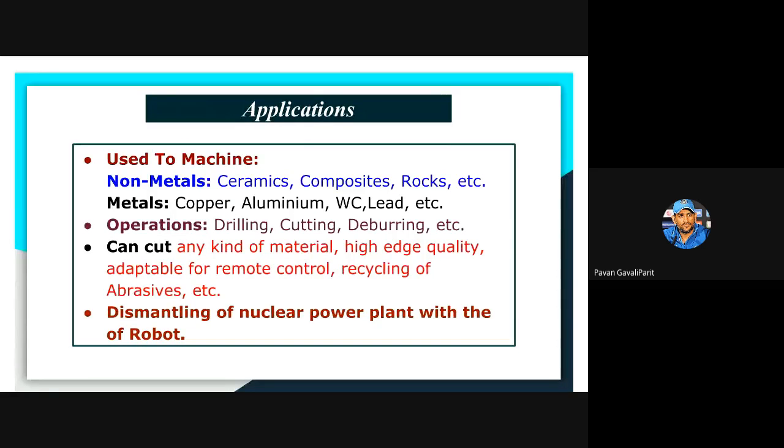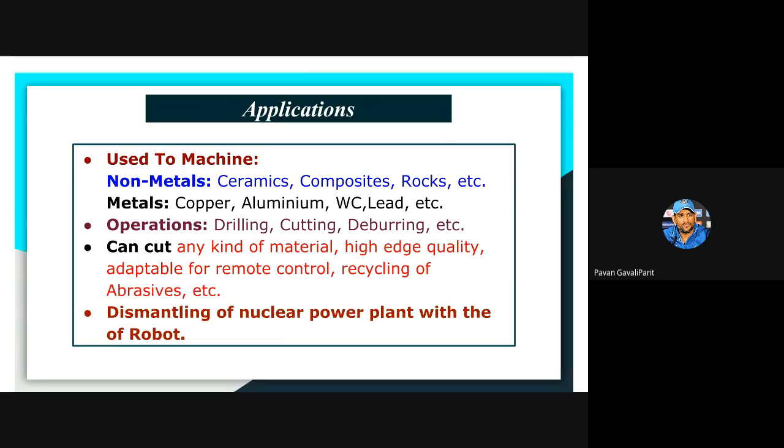Now, in non-metals you can go for the machining of ceramic, composite, or rocks, etc. And if you go for metals, you can machine metals like copper, aluminum, tungsten carbide, lead, or even super alloys using this abrasive water jet machining.